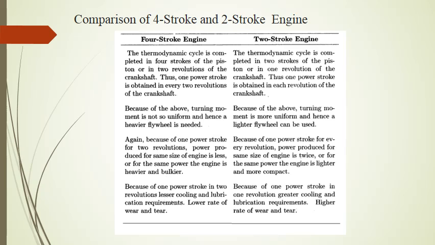In the four-stroke engines, because of the above fact, turning moment is not so uniform. So to make that uniform, we need a heavier flywheel. And in the case of two-stroke engine, turning moment is more uniform. So a lighter flywheel will be sufficient.